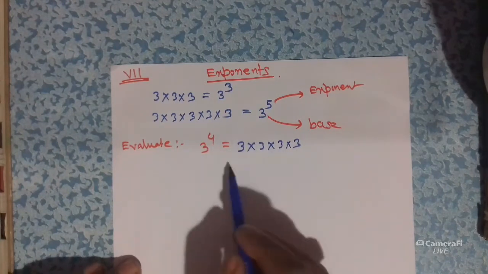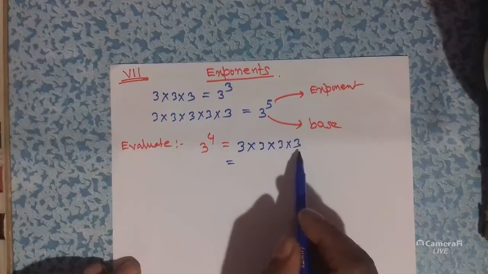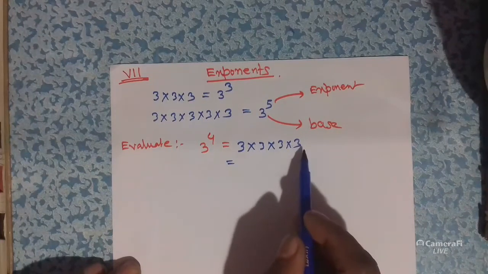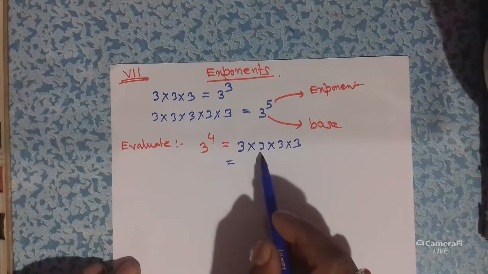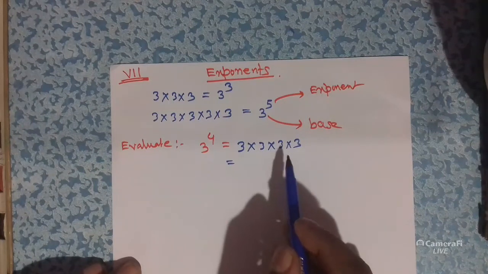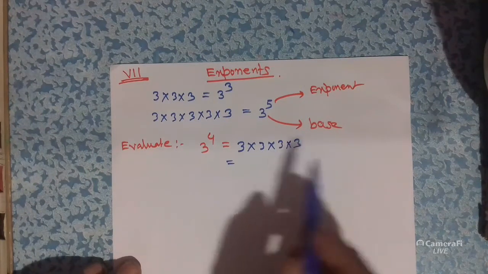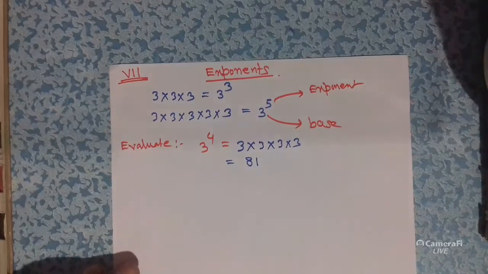Now multiply 3 multiply 3 multiply 3 and 3. So 3 multiply 3 is 9. 9 multiply 3 is 27, and 27 multiply 3 is 81. So 3 to the power 4 is equal to 81.